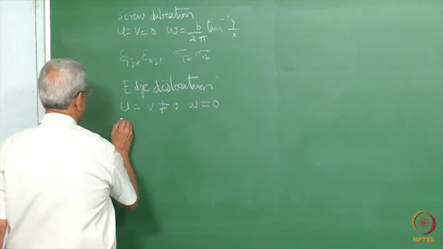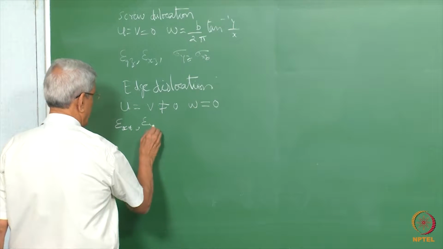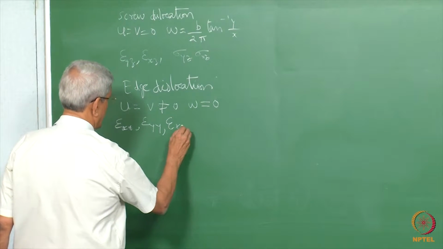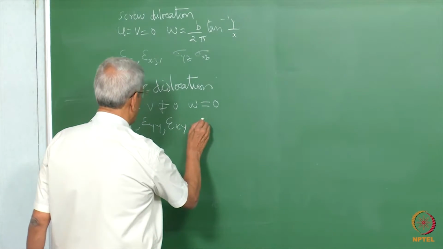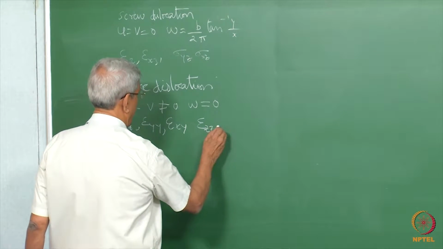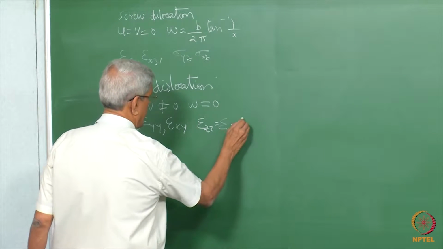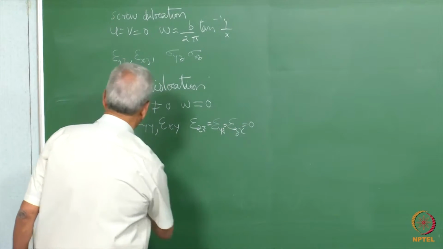And the strains, epsilon xx and so on, these strain fields are there, and the others equal 0.